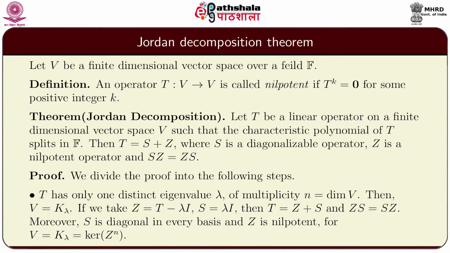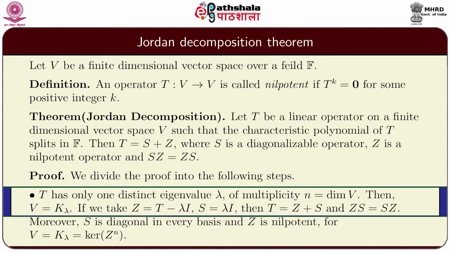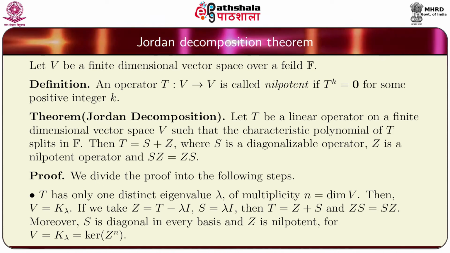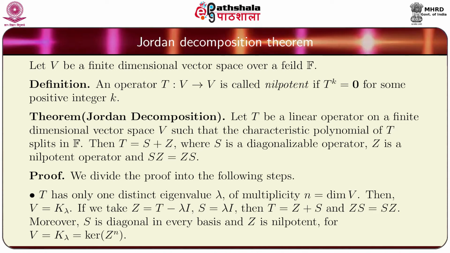First one, suppose that T has only one distinct eigenvalue lambda with multiplicity n, which is the dimension of V. Then V is K lambda, the generalized eigenspace.